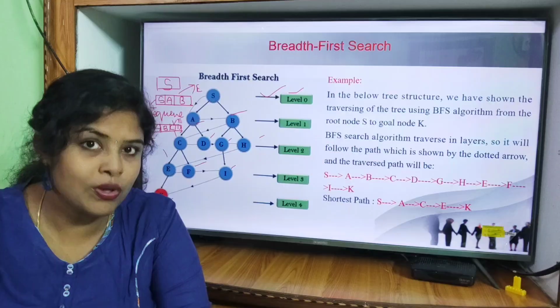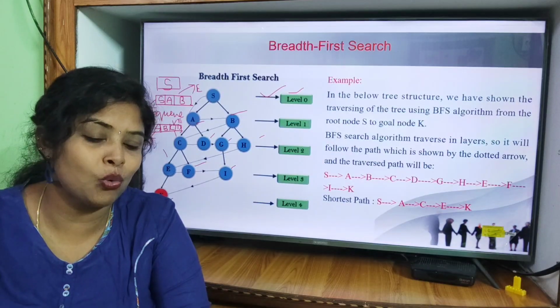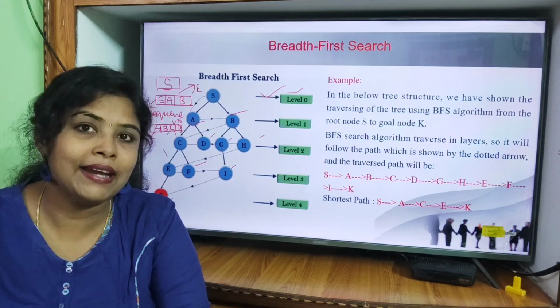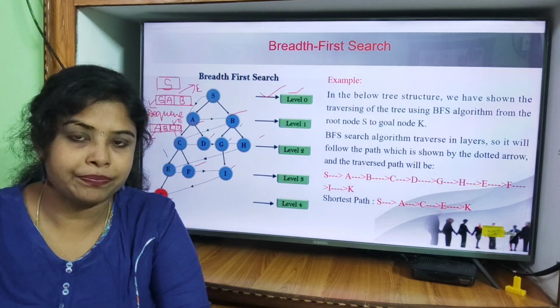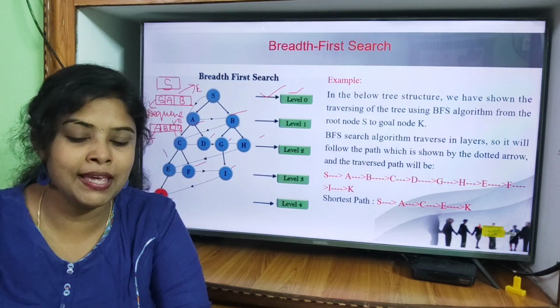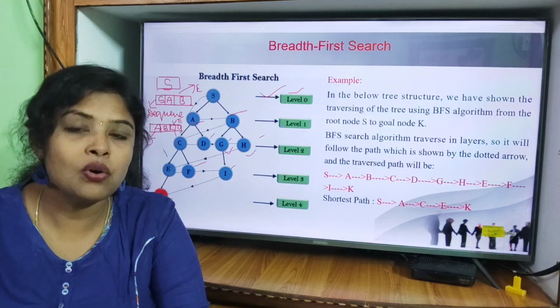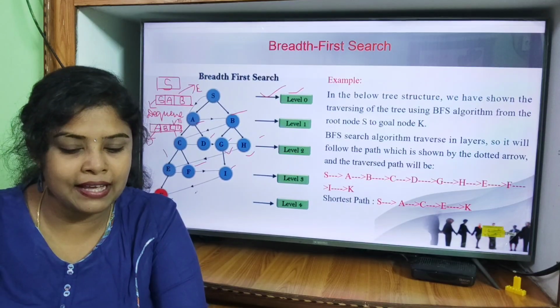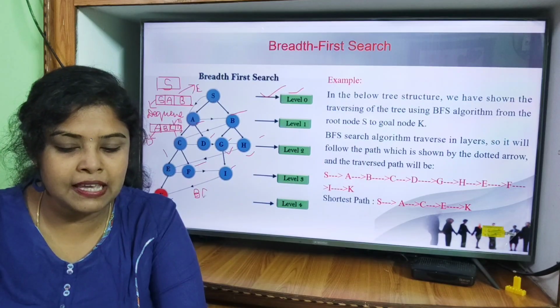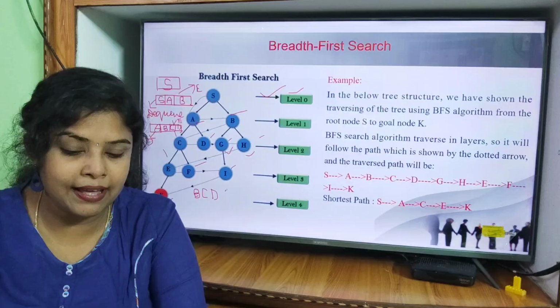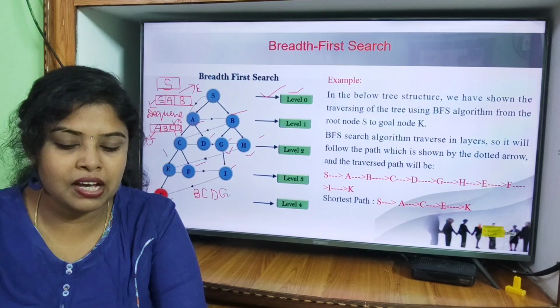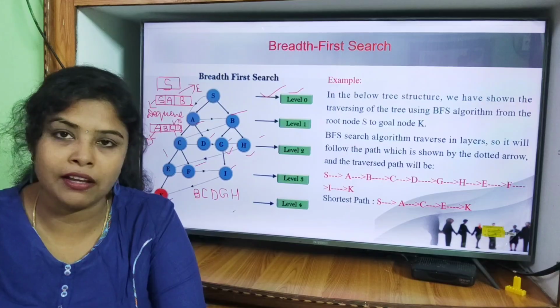Next, after dequeuing A, who is there in the queue? B is there. So now I need to explore the successor nodes of B. And who are the successors of B? G and H. So next in the queue, as A is being dequeued, I will write B, C, D, and now I need to write G and H, because G and H are the successors of B. So I need to include them in the queue.